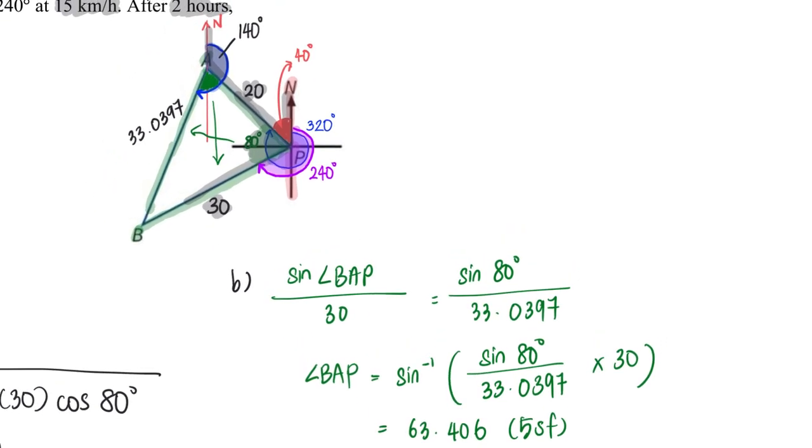Therefore I will be able to get my final answer. I just need to add 140 degrees. But for the best presentation, do indicate where the 40 degrees is. At this point, I do want to indicate in this diagram, this is north arrow 1 and this is north arrow 2.